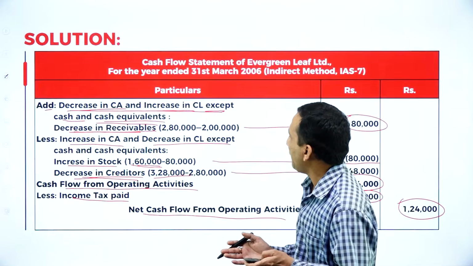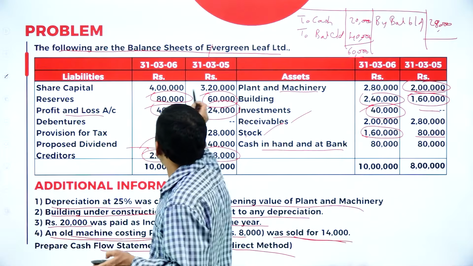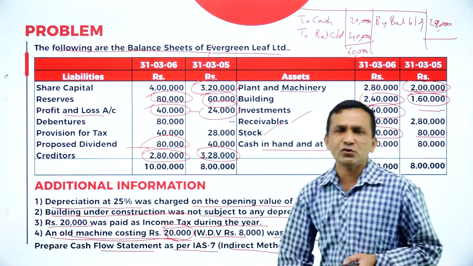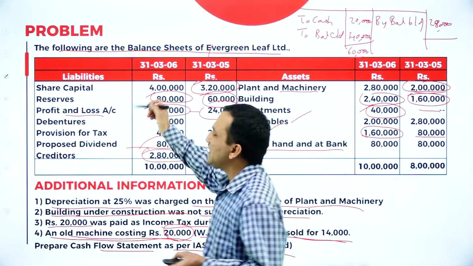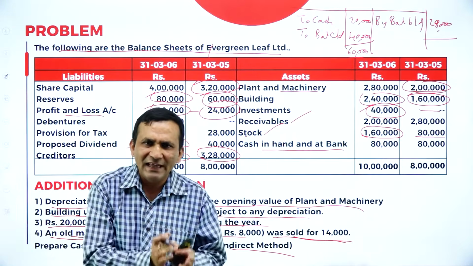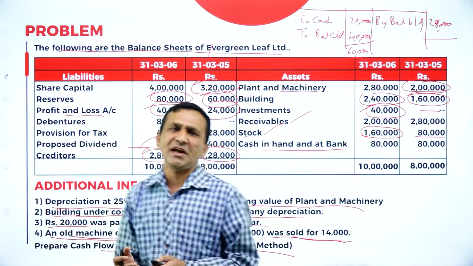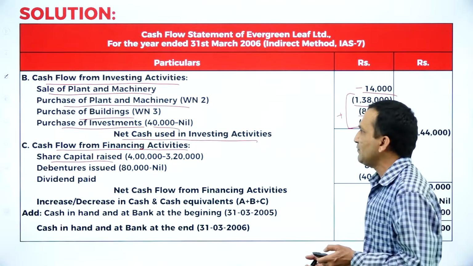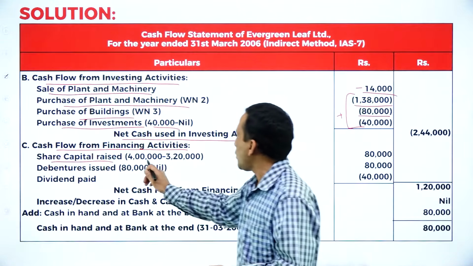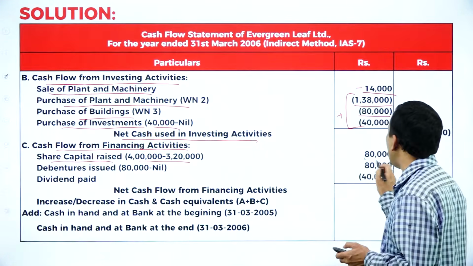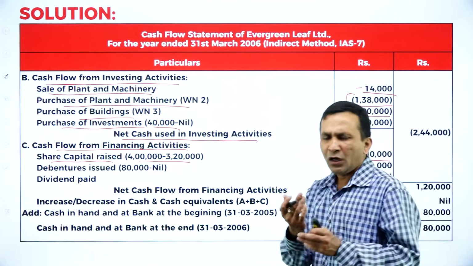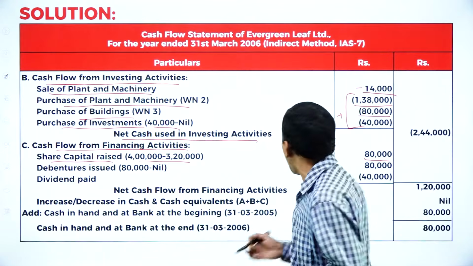Okay, so we are referring to the balance sheet liability side. The opening is 3,20,000. Now the closing balance is 4 lakh. So there is a rise in the share capital. So how much is the rise? 80,000, which is an inflow, meaning we are receiving an extra 80,000.